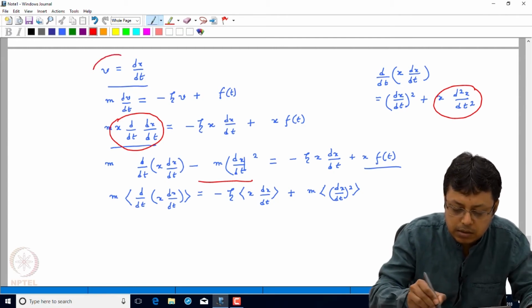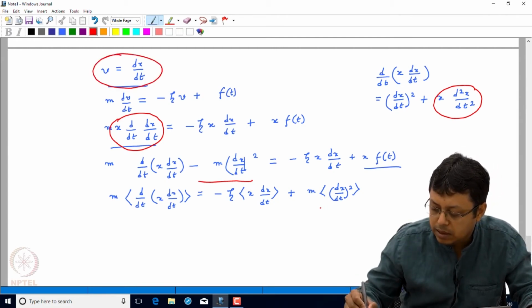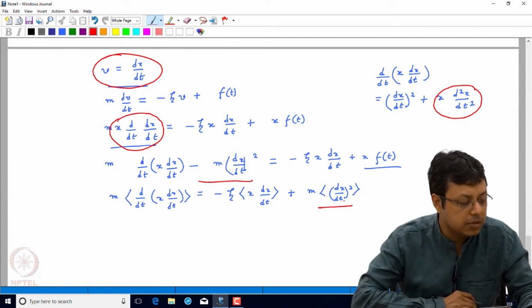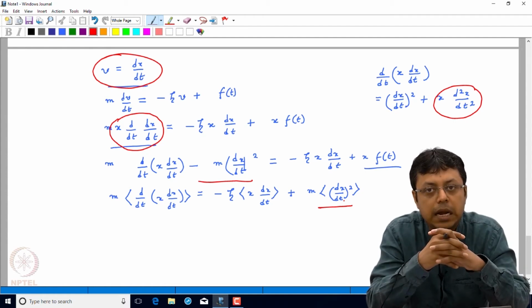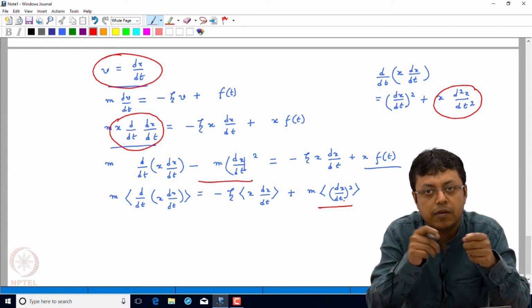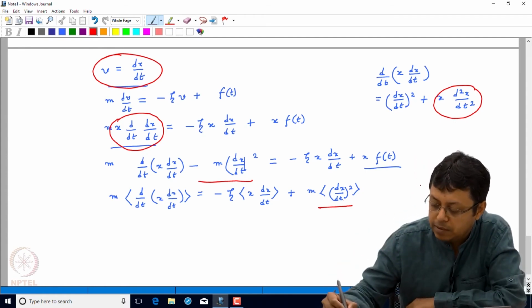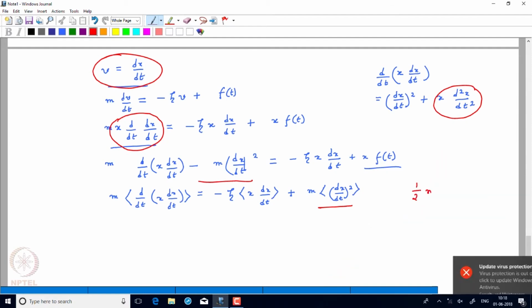So this term is nothing but m v squared. Now m v squared is again related to the kinetic energy, and for a particle the kinetic energy expression is half m v squared. And we know that half m v squared, according to the equipartition theorem for a one dimensional particle, will be equivalent to the thermal kinetic energy, which is half k_B T. So m v squared will be nothing but k_B T. So I am going to replace that term by k_B T.